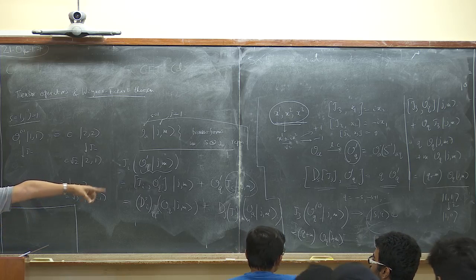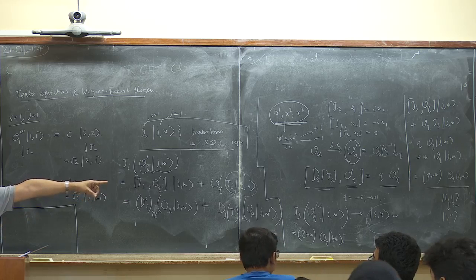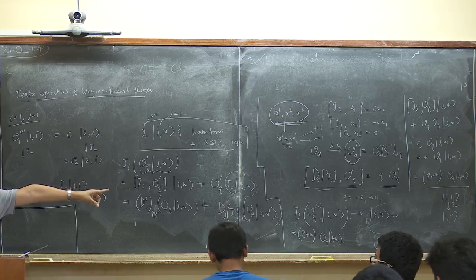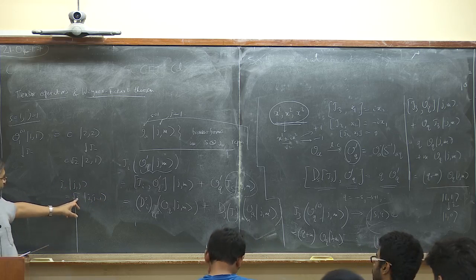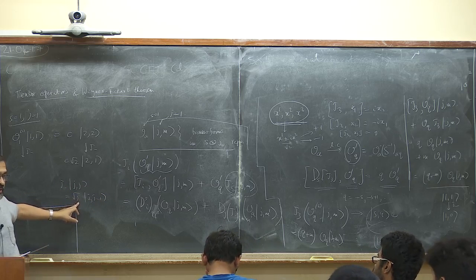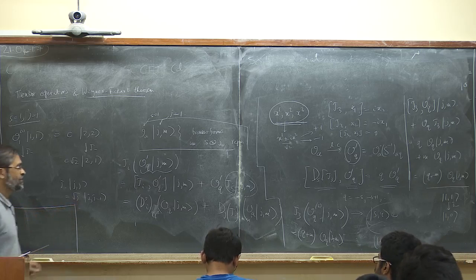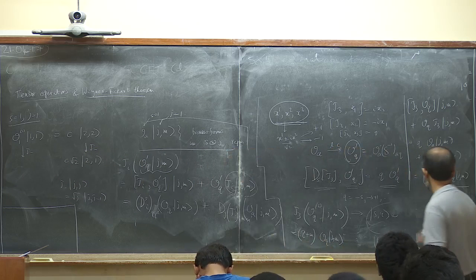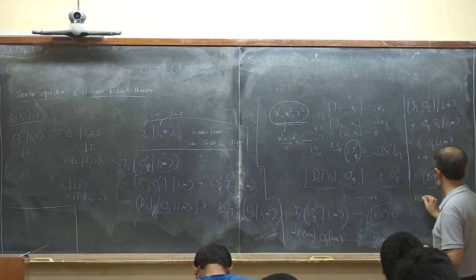When you act by J minus, it gives you 1, 0, by this rule, that the factor that you pick up here is just square root of J. Okay. And on the left hand side, you will get a 1 over root 2. As a result, what I had said earlier was correct.